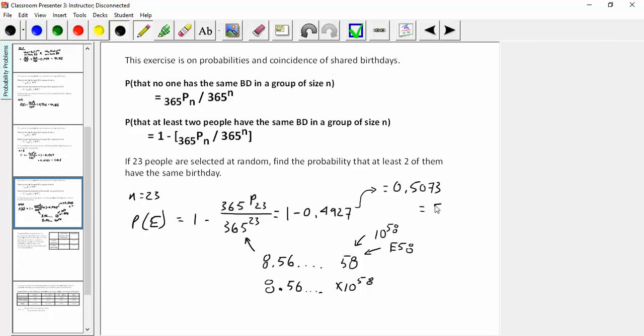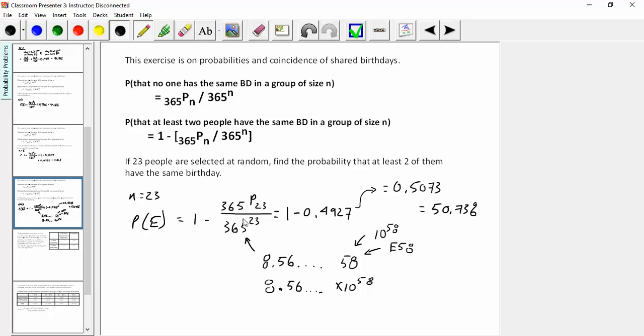Which means this is a percent of 50.73%, which means there's greater than a 50% chance that if you put 23 people in a room, you can find 2 of them with the same birthday, which is kind of astounding, but it's true. And we just showed it with probability. How exciting.